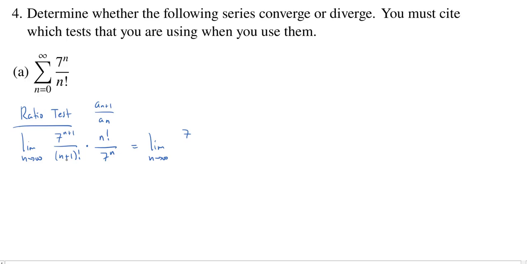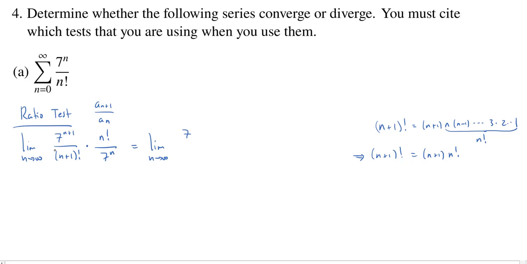What about this n factorial over n plus 1 factorial? Let's remember, n plus 1 factorial means multiply n plus 1 times n times n minus 1 all the way down to 3 times 2 times 1. If you just ignore the first term, the n plus 1, the rest is exactly n factorial. So n plus 1 factorial is equal to n plus 1 times n factorial.